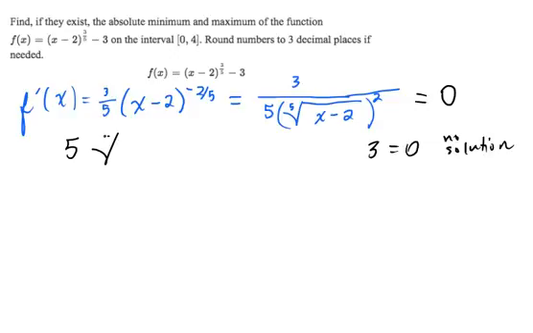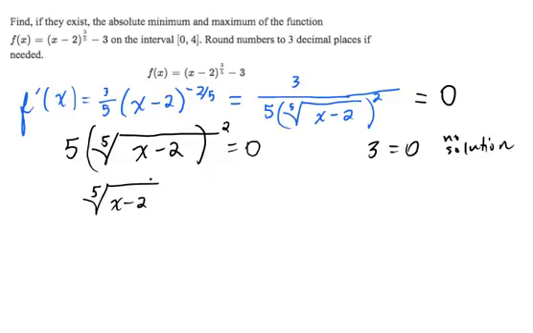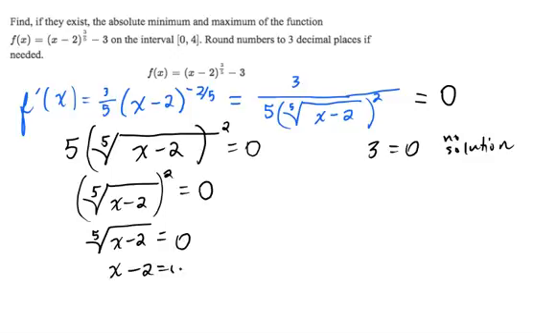So I'm going to set this entire denominator of the derivative equal to 0. Dividing both sides by 5, we get the fifth root of x minus 2, all squared, equals 0. Take the square root of both sides and we get the fifth root of x minus 2 equals 0. Raise both sides to the fifth power, we get x minus 2 equals 0, or x equals 2.